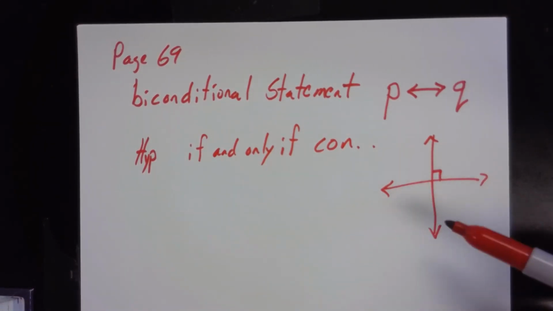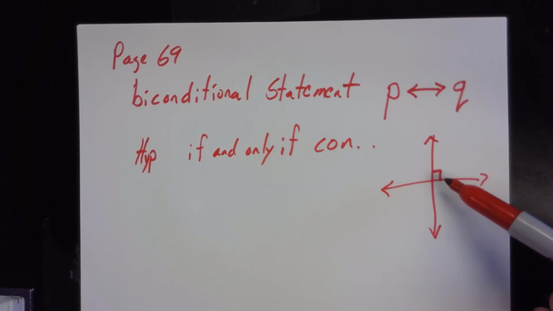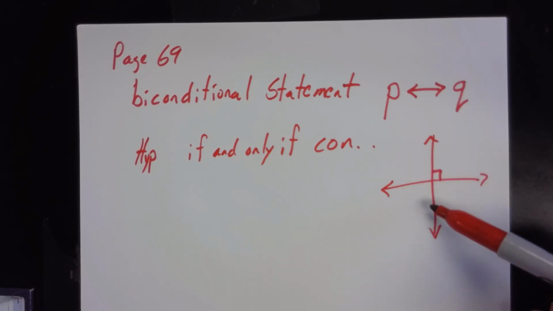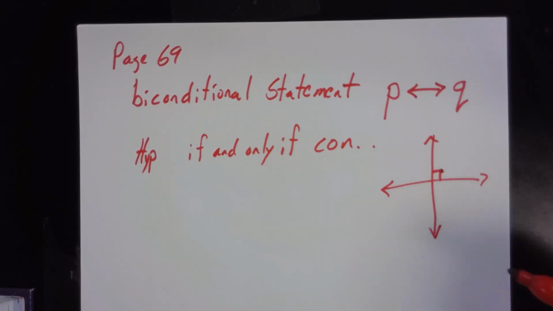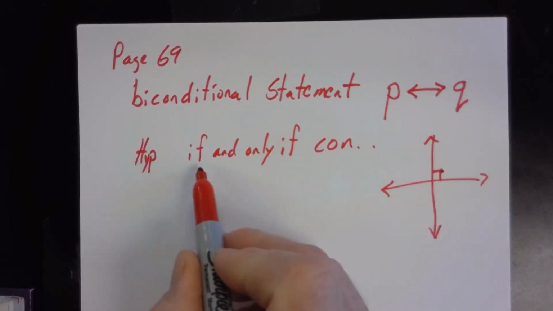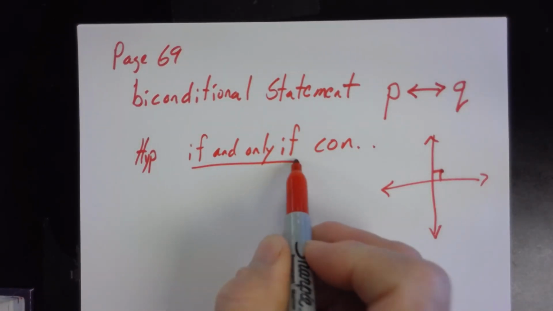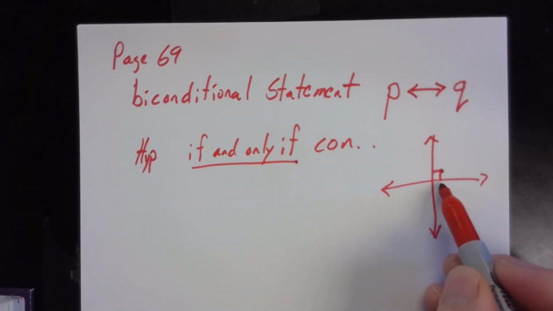So if two lines in a plane intersect and they are perpendicular, then what type of angle do they form? They form a right angle, don't they? So is the converse also true? Okay. So if that is the case, then we can make this a biconditional statement. And we can say two lines are perpendicular if and only if they intersect to form a right angle.